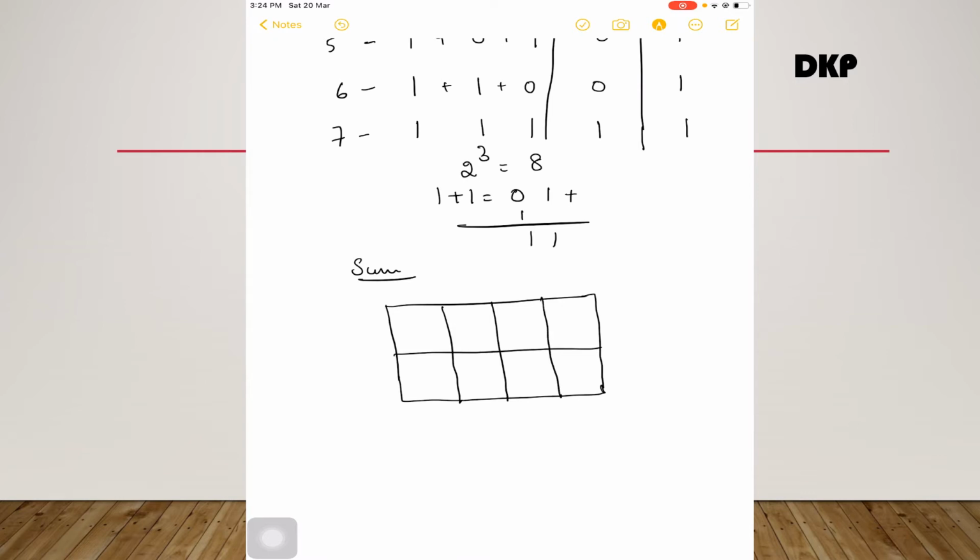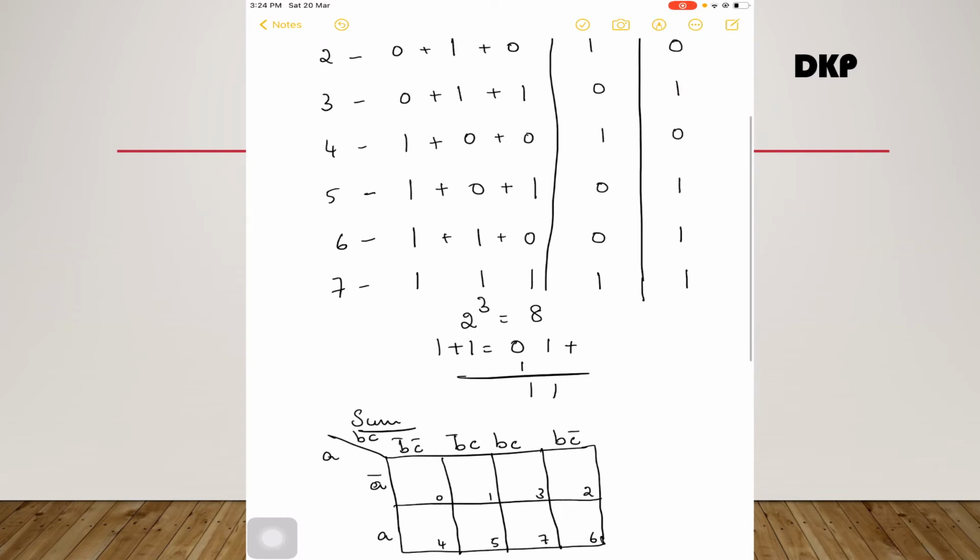Since there are three variables, the three variable K-map consists of 8 cells and the variables are A, B, C. Therefore, this is B bar C bar or 0 0 you can write. This is B bar C, B C and B C bar. This is A bar and A. This is 0, 1, 2, 3, 4, 5, 6, 7.